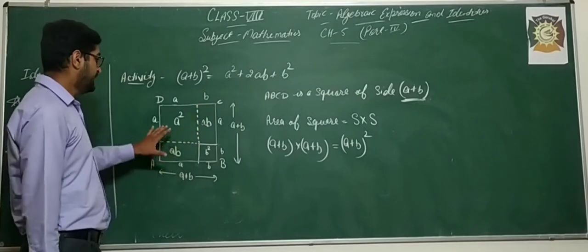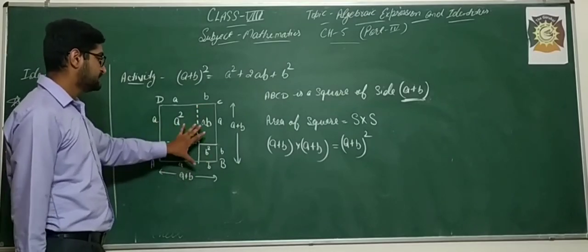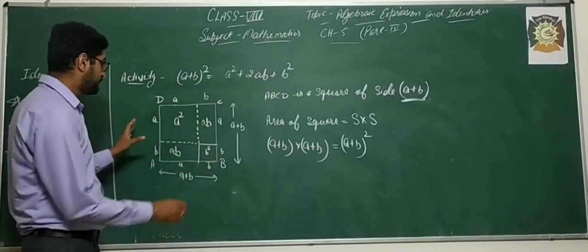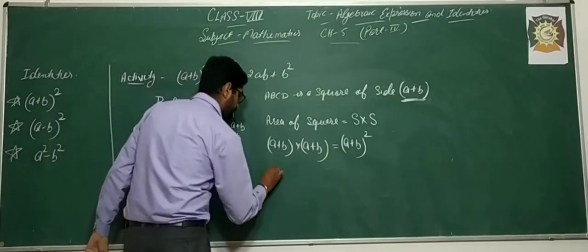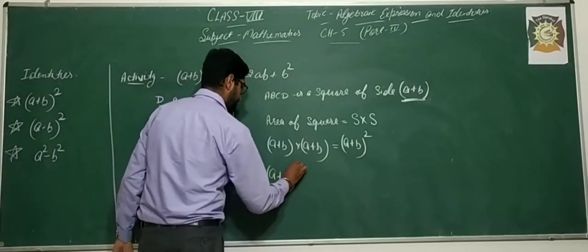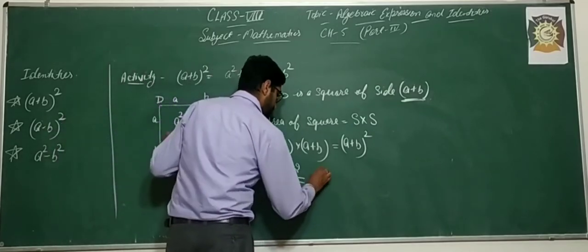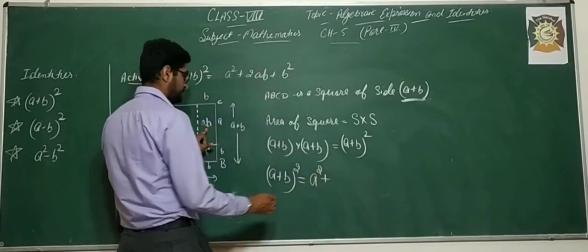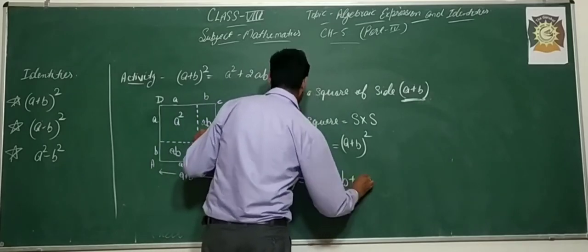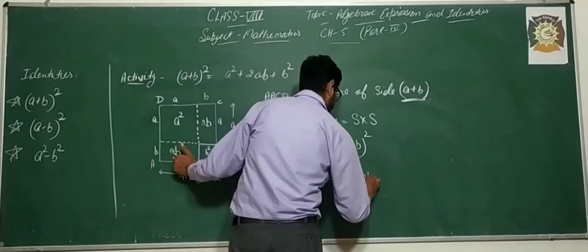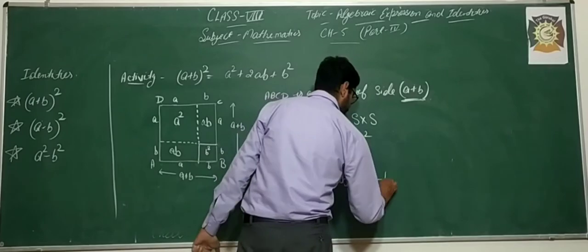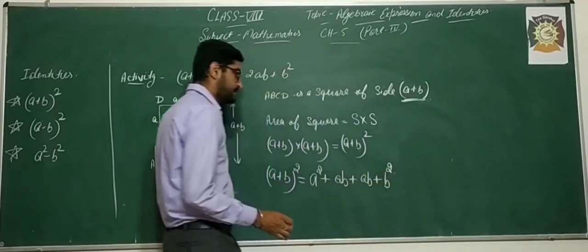And when we add these four parts, as they completely occupy this space, (a plus b) square is equal to a square plus ab plus ab plus b square.